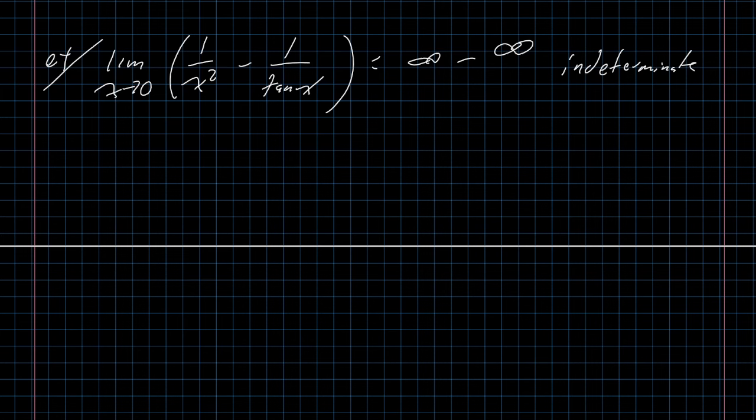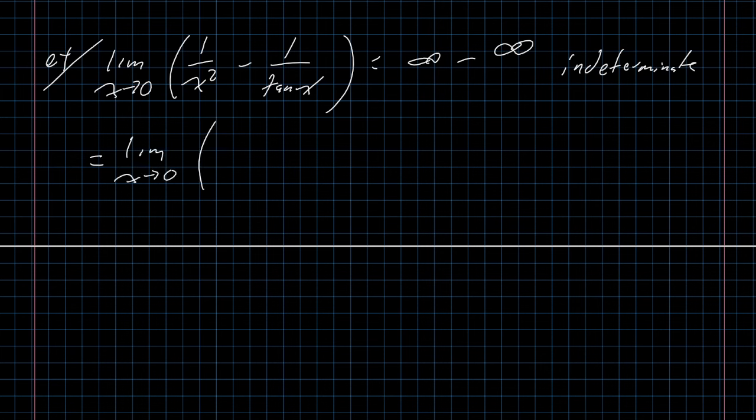And if we have an indeterminate form, we're going to have to hope that we can do something useful with it. If we had it written as a single fraction, we could use L'Hopital's rule, but we don't have that. But we can probably get there.